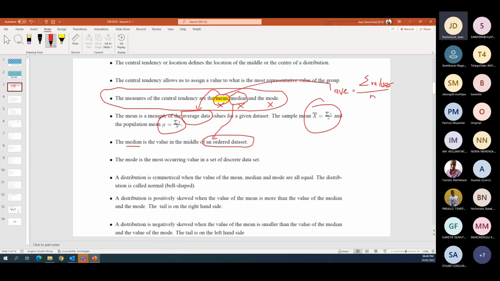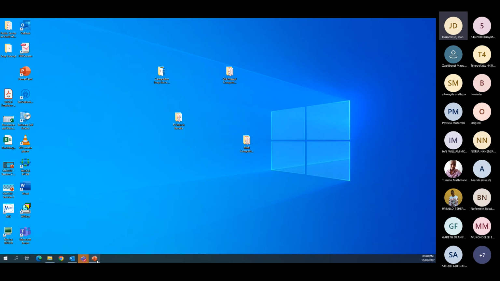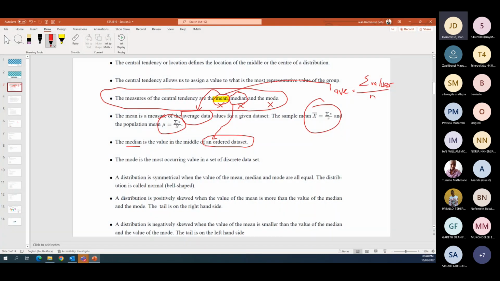I'll make a note that we go back to that if we have about 5 minutes left in the session, but it is on study unit 2. So I'll definitely go back and show you how to do that.